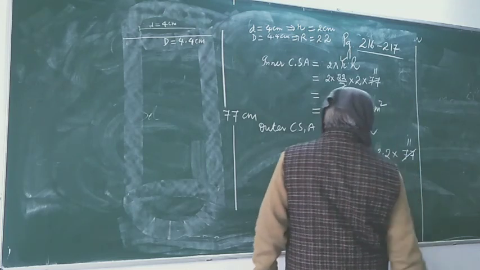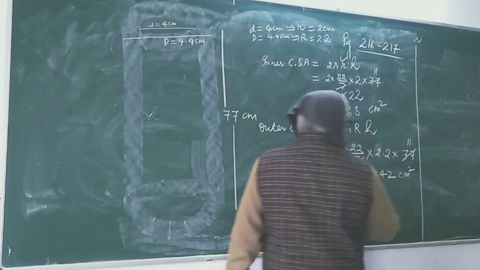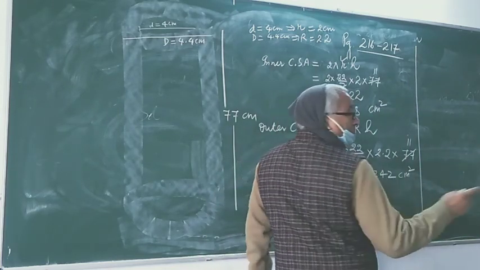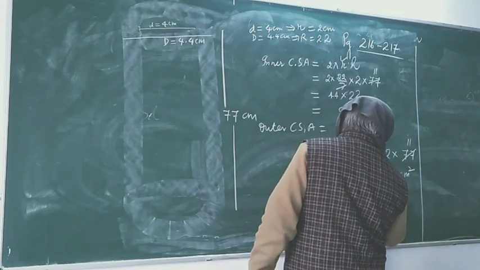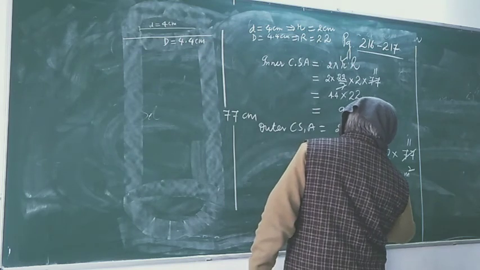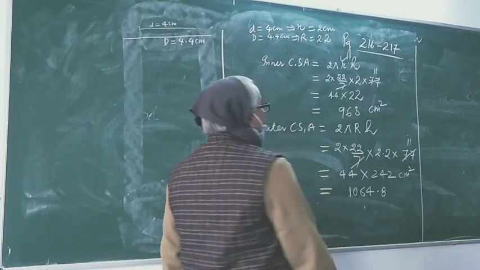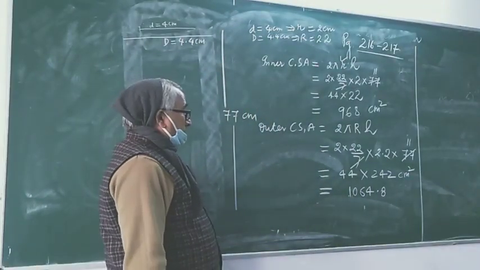The point will be here. Square centimeter. Multiply this one and tell us. 1064.8. This one is the outer surface area, in square centimeter.